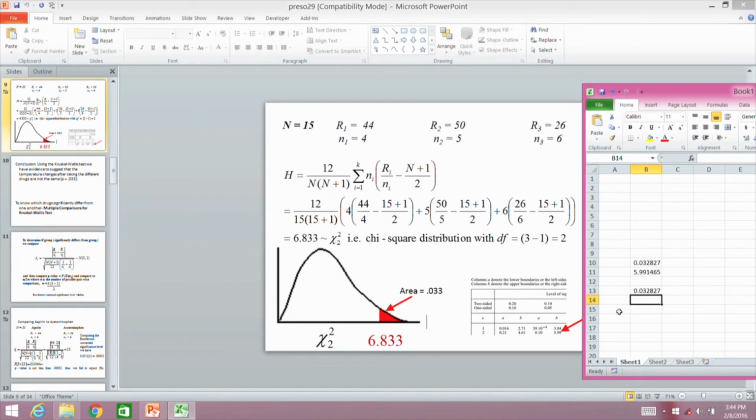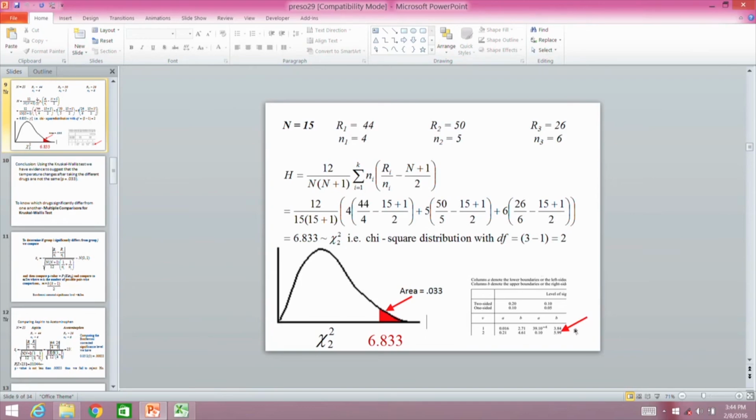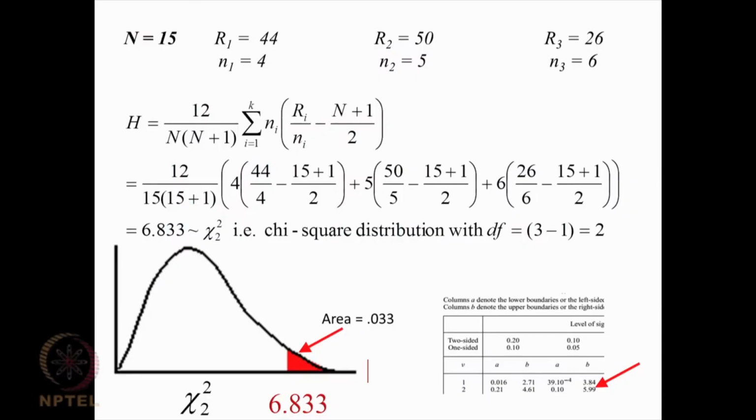So, we can use either the command CHIDIST from Excel and get the probability value, or we can use this table for 0.05 one sided, 2 degrees of freedom, 5.99, and you can say this statistic calculated is larger than 5.99. So we reject the null hypothesis.